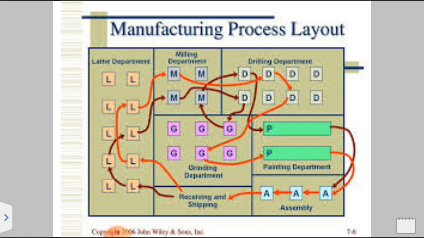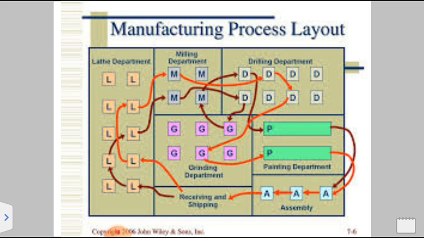This is a type of process layout where all the machineries required for processing and shipping, even the grinding department, painting department or assembly department, are grouped within their own department. Whatever functions have to be performed in the same department can be performed within the same location and the same layout.